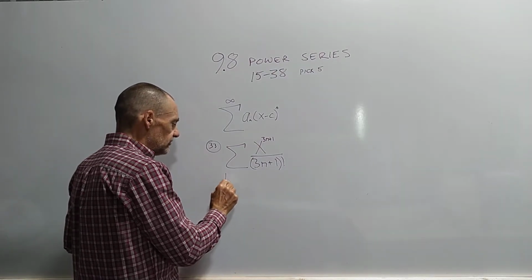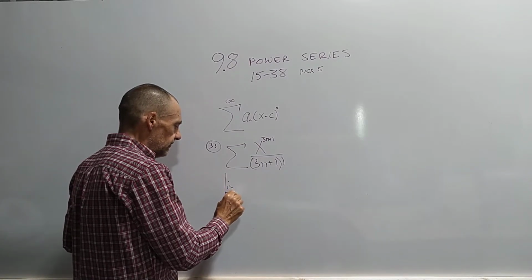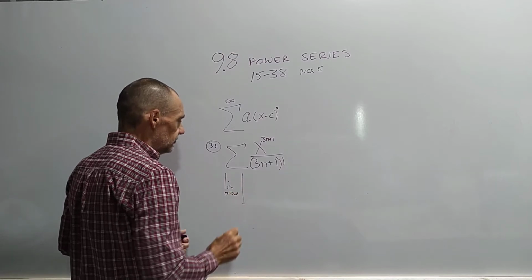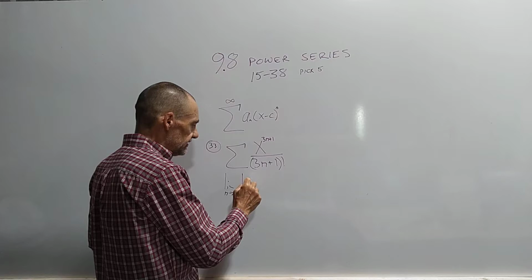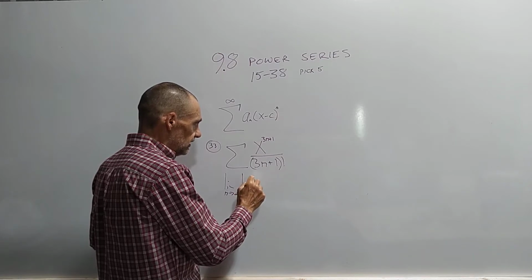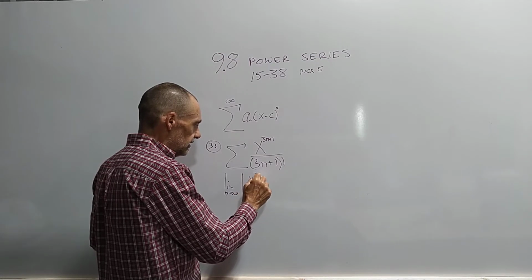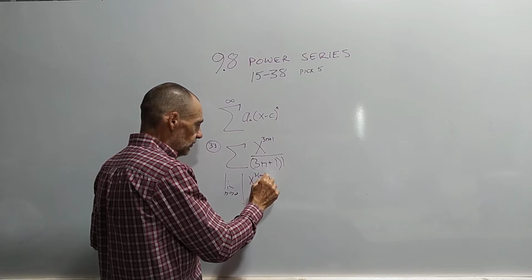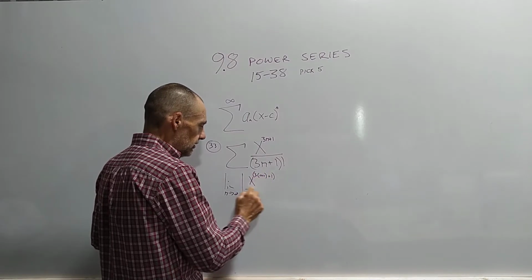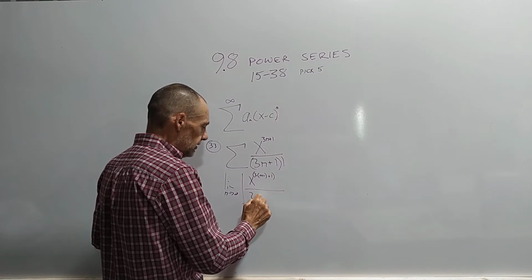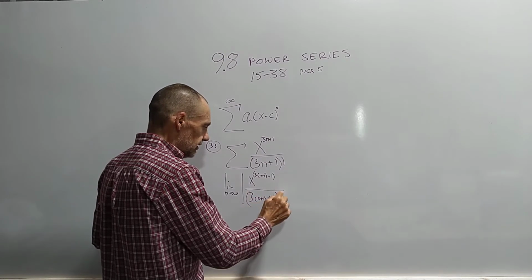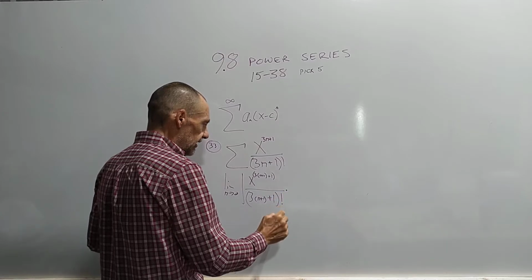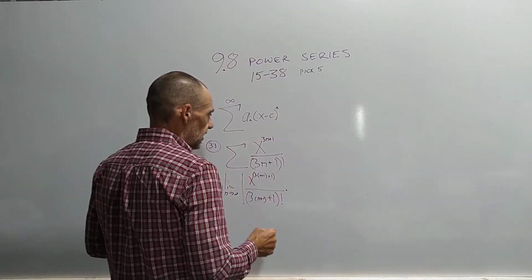So that's going to require the limit as n approaches infinity, absolute value of this thing. So that's going to be x to the 3n plus 1 plus 1 over (3n plus 1 plus 1) factorial, times this a to the n would be on the bottom.